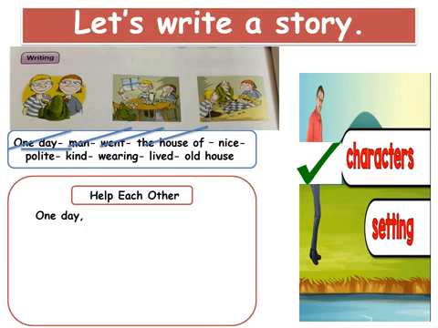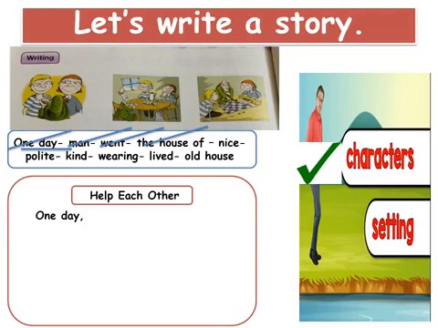So maybe you will say, Bonnie was nice, Sandy was polite and kind, Bonnie was wearing a skirt and a shirt, and Sandy was wearing a t-shirt and trousers.